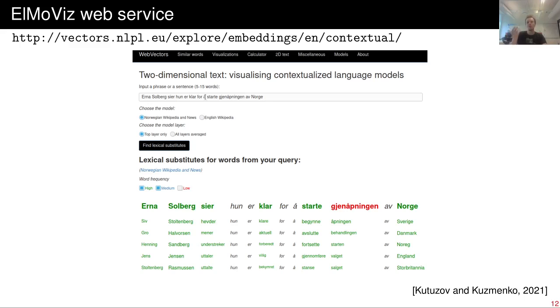This can be used in the classroom when you teach your students how pre-trained contextualized language models actually work, or you can use this service to explore different contextualized models and find out how different they are. The lexical substitutes produced by this web service are, of course, contextualized, meaning that they will be different for the same word in different contexts.